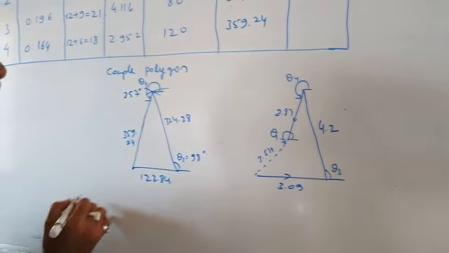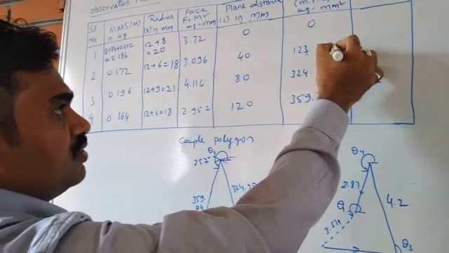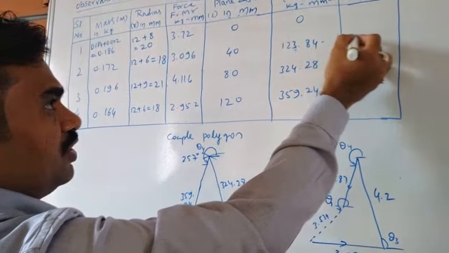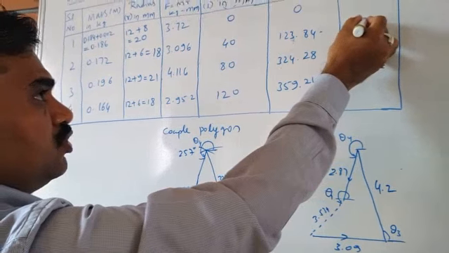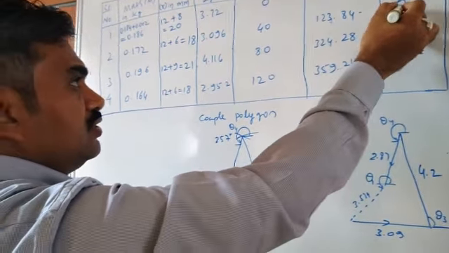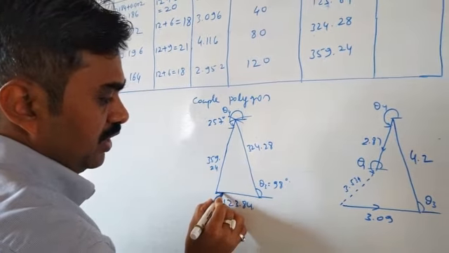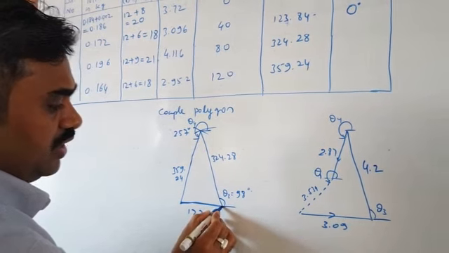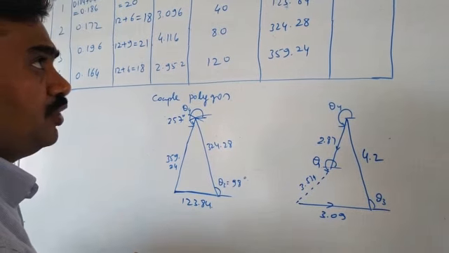To draw the couple polygon I will consider this as a reference, and I will take this mass angle as 0 degree. The length is 123.84.